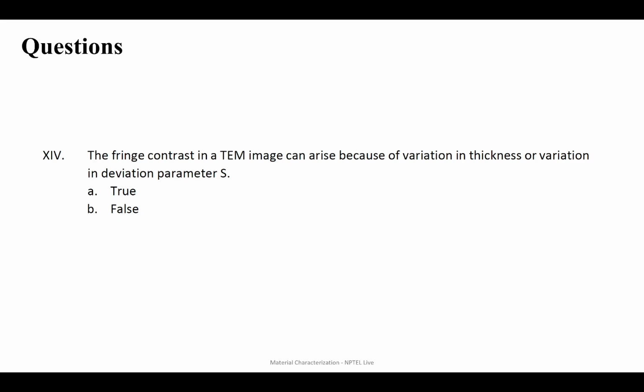The fringe contrast in a TEM image can arise because of variation in thickness or variation in deviation parameter S. True or false?